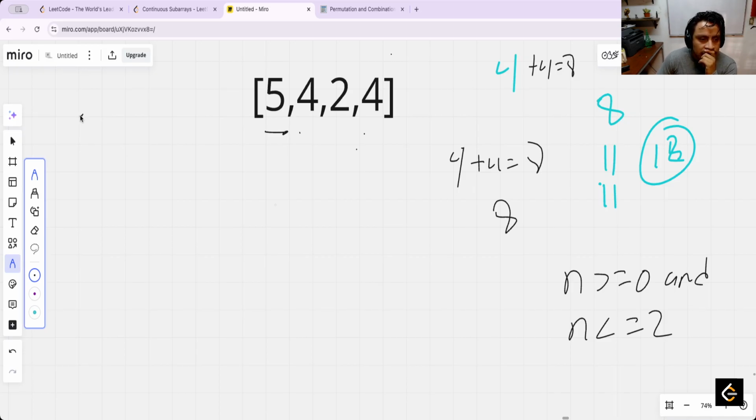At the beginning we have 4. Now the next set is this. Move to the next, the min is equal 4, the max is equal 5, the difference between them is okay.